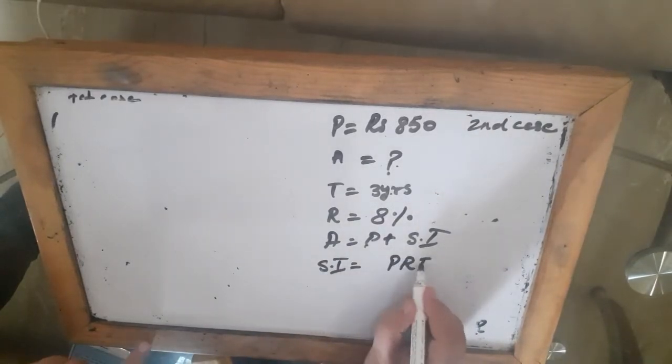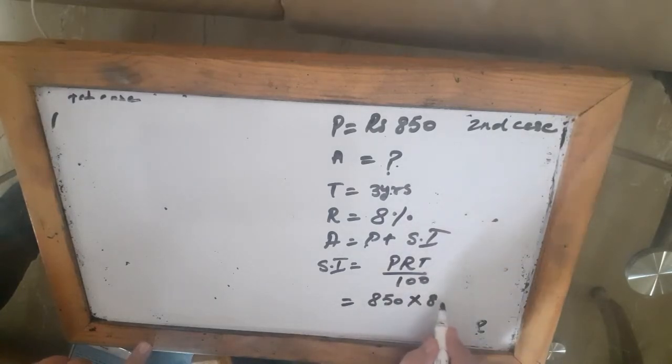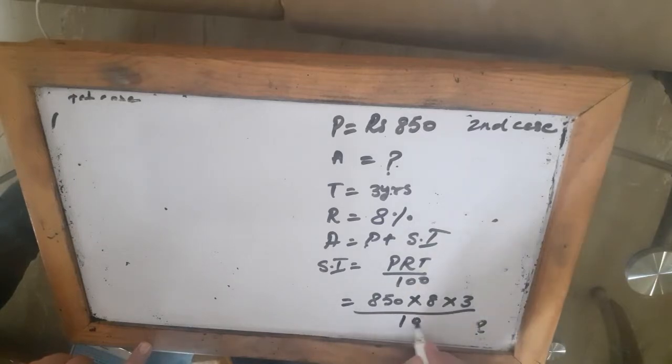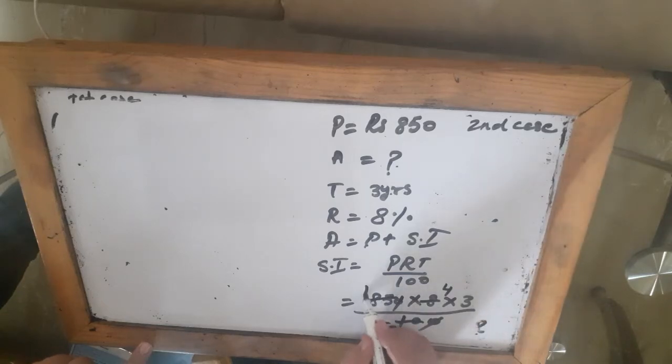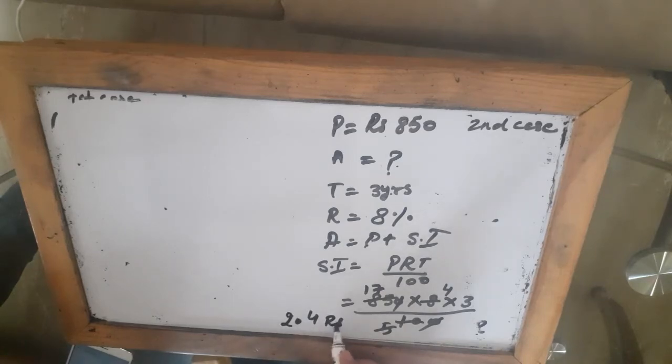Which formula? PRT upon 100. So P is 850, R is 8, time is 3, upon 100. Cancel this. Solving it, 12 7s are 84, and the simple interest comes to be 204.